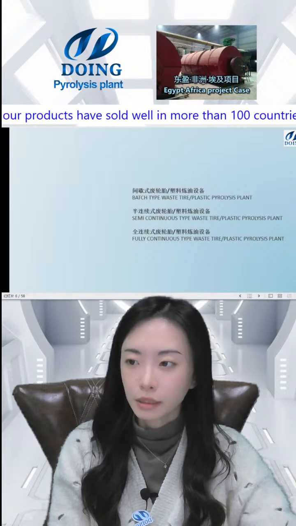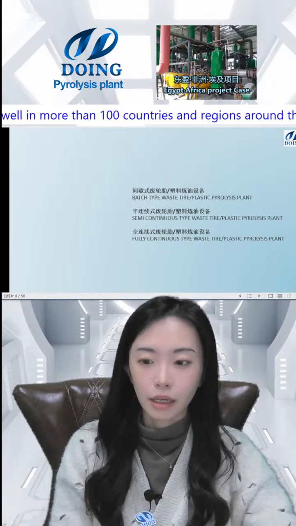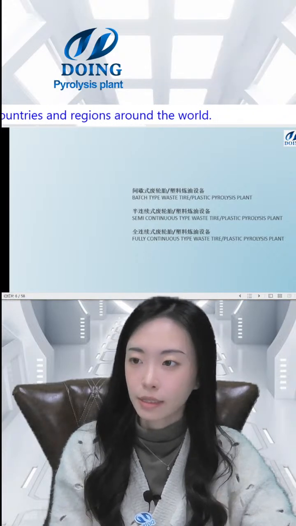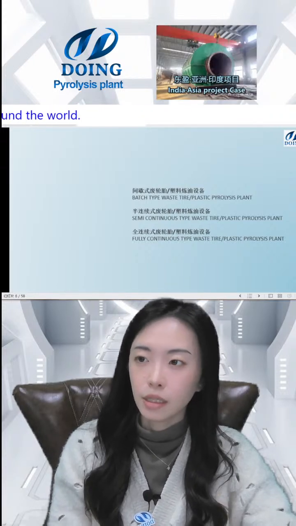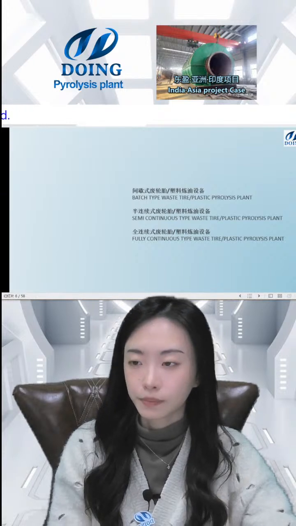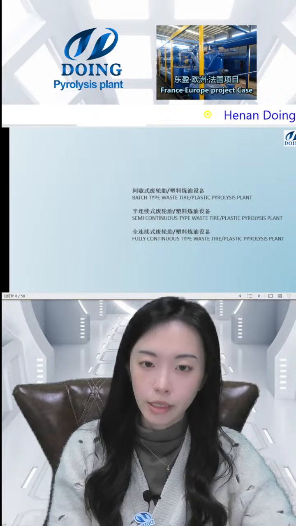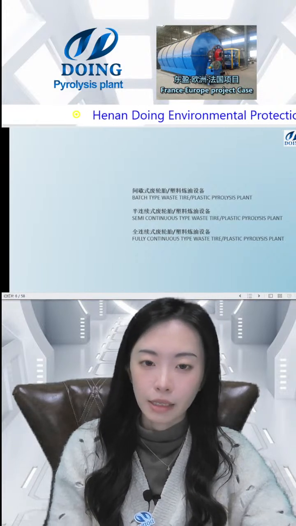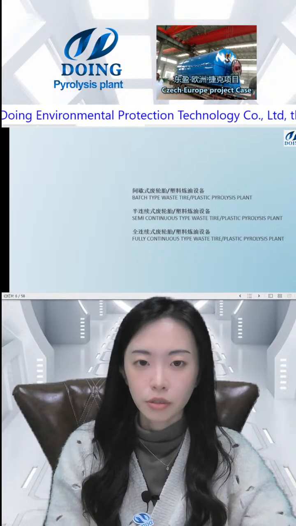And the fully continuous pyrolysis plant is more automatic, can work for 45 to 60 days, and has the biggest capacity. If you are interested in one equipment or want more information, you can comment and we will send some 3D video or pictures to introduce it.